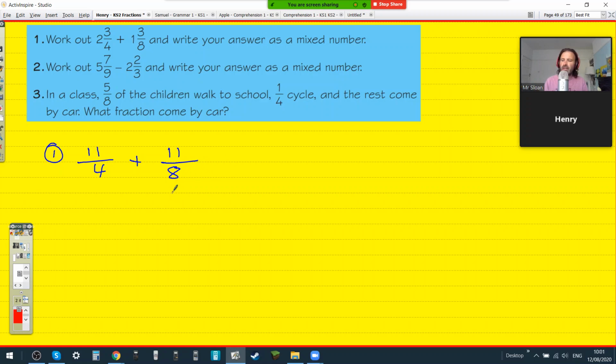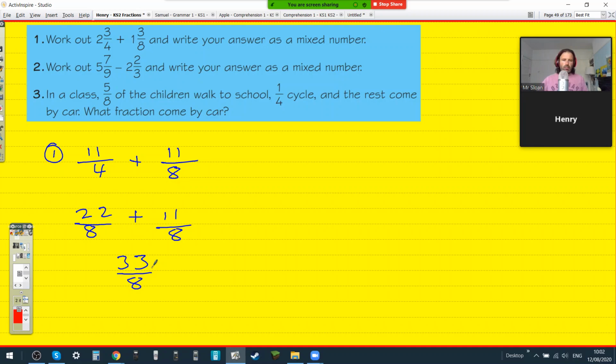Hold on, common denominator. The common denominator is 8. So all I need to do is 4 times 2, which is 8, and then 11 times 2, which is 22. And then for 11/8, it's the same. 22 plus 11 is 33, over 8.